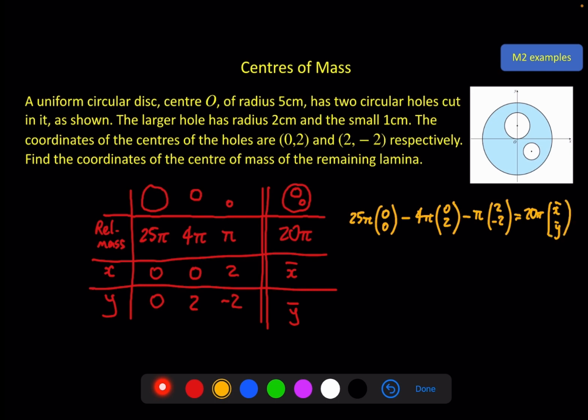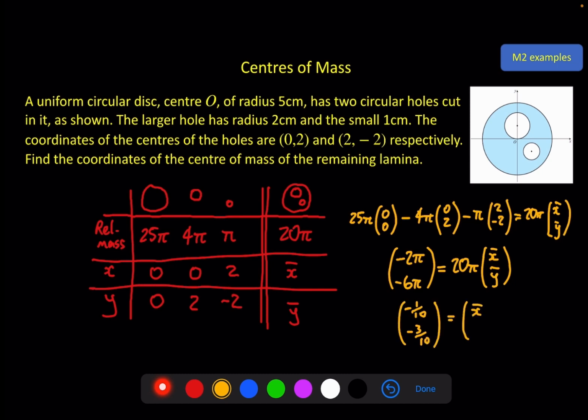And there are quite a few zeros floating around there, so it makes it quite easy. We get minus 2 pi here, minus 6 pi here, equals 20 pi x bar, y bar, which cancels to give minus 1 over 10 and minus 3 over 10 for x bar and y bar. The center of mass then of my final shape has coordinates minus 1 over 10, minus 3 over 10.